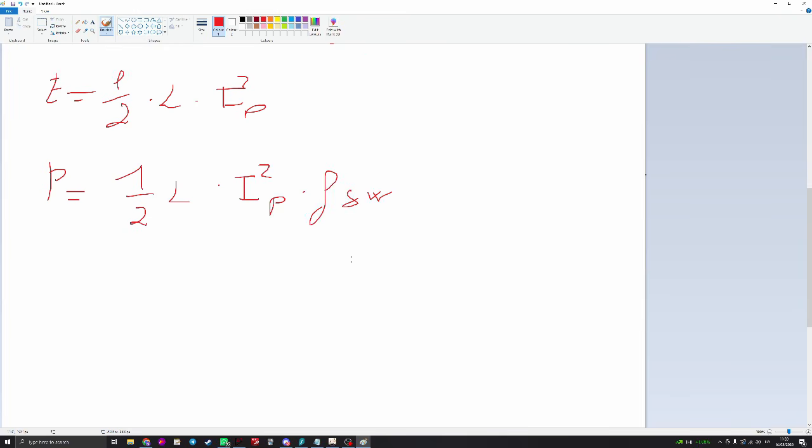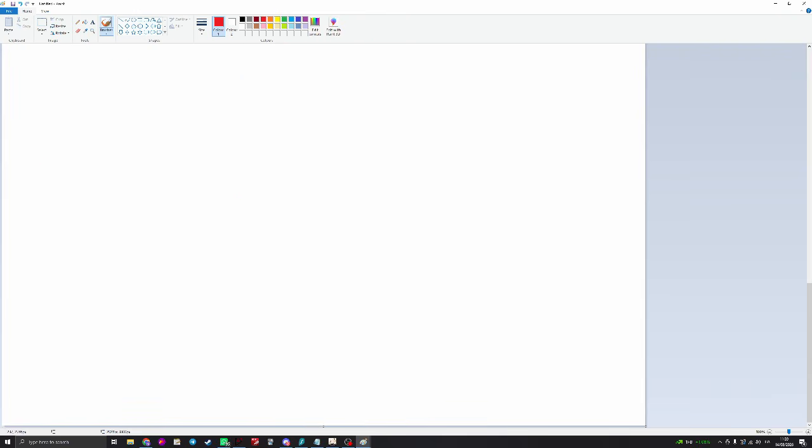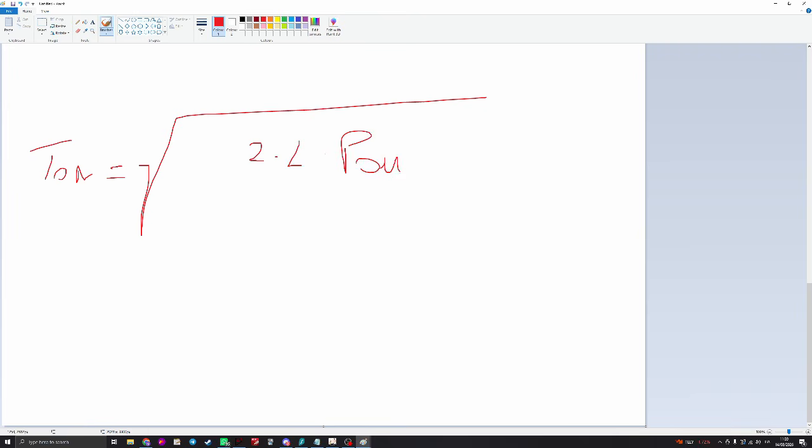So you can easily calculate the T on out of the power, and after some calculation, you can see that the T on is equal to 2 times L times the output power over V in squared times the switching frequency. V in squared you can put outside, and you can easily calculate everything else.